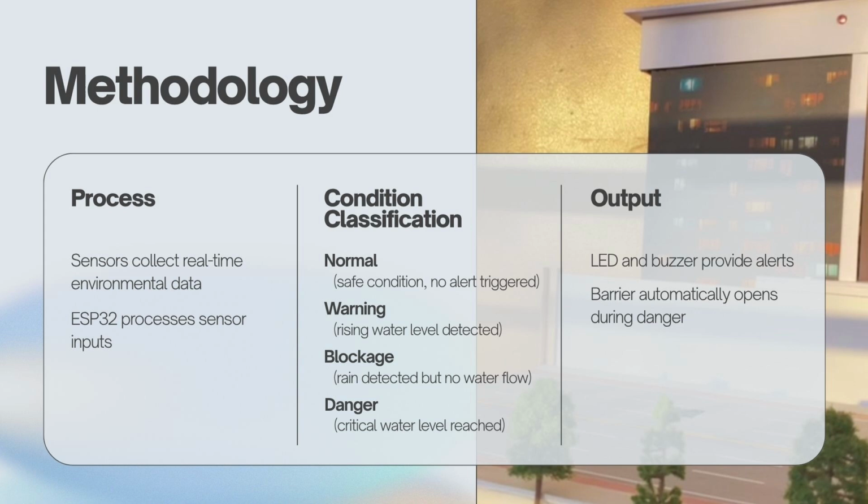Third, the system classifies the condition as normal, warning, blockage, or danger. Lastly, the system responds by activating LEDs, the buzzer, or the automated flood barrier. This closed-loop process allows the system to provide continuous monitoring and protection without requiring constant human supervision.